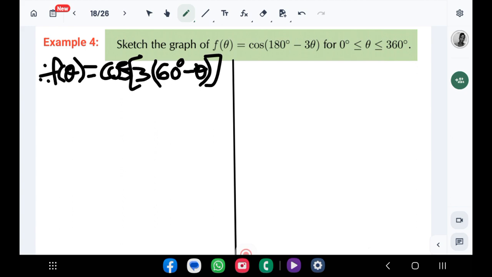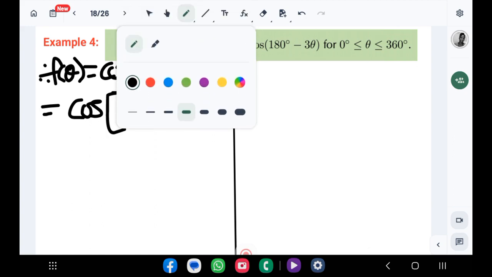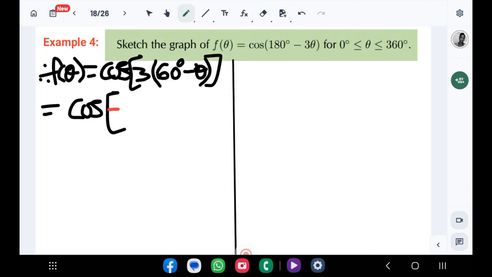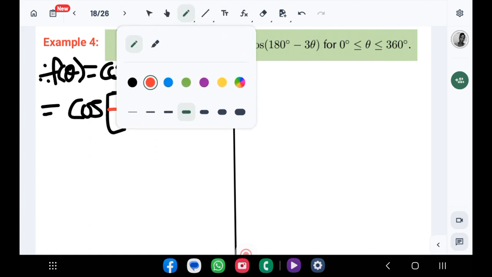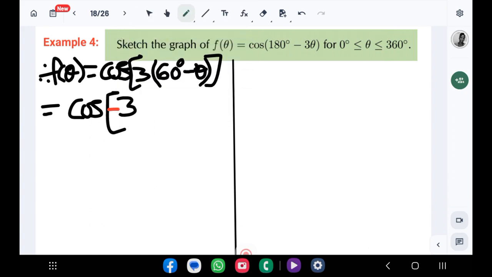But we must make sure that we start with theta, not the angle. So we switch them around. How do we switch them around? We play a trick: we take out a minus sign, so we can now switch them without any problem. So that becomes theta minus 60 degrees.